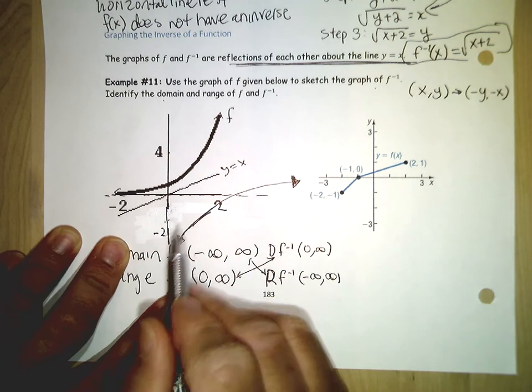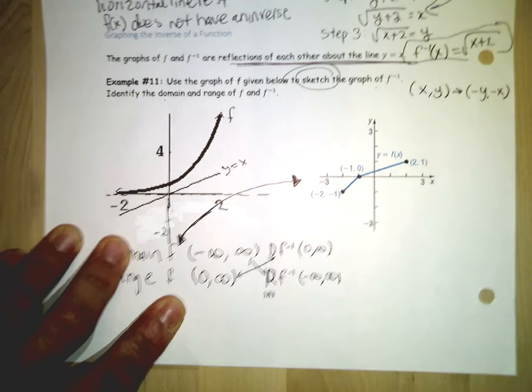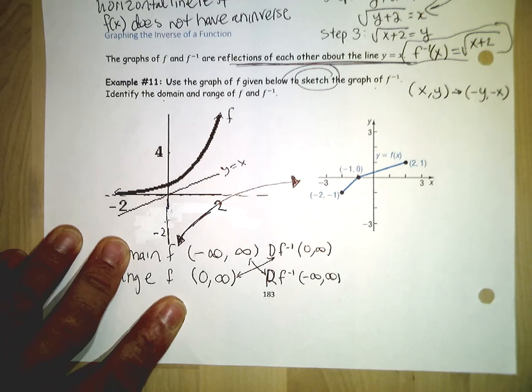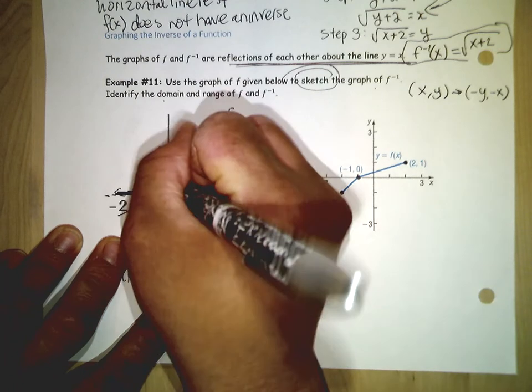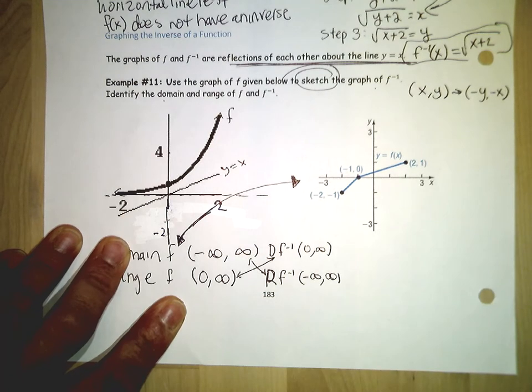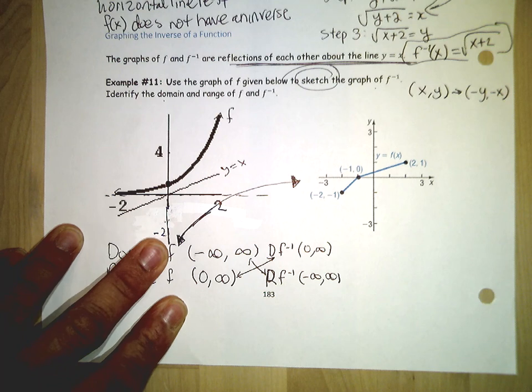Even my graph here was just a sketch. If I want to be more accurate, I could be, but I don't even know what the exact value is where it intersected the y-axis, so I'm not concerned much about that.